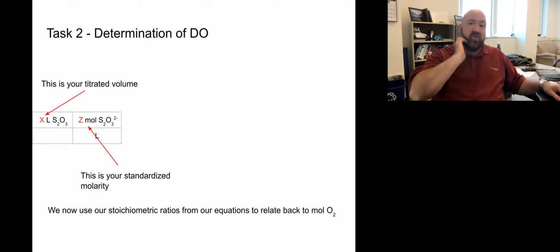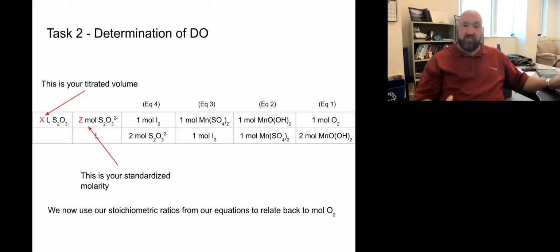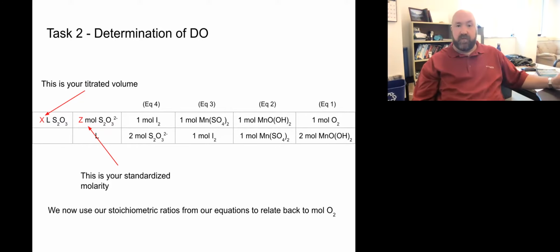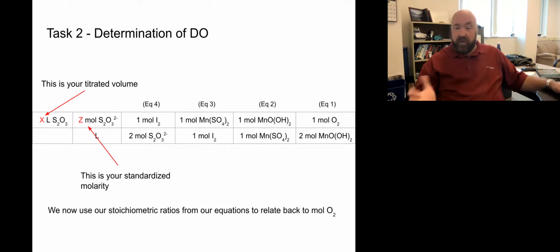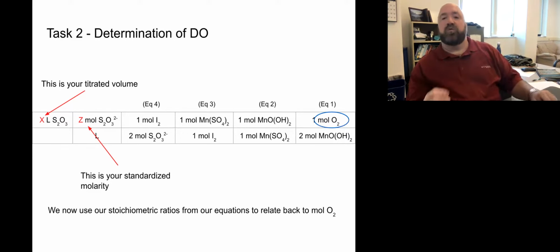We can then use all the stoichiometric ratios from the equations to relate that back to the moles of O2. These are just the straight up equations from your lab manual. Those of you in my section, we went through these as part of our pre-lab last week. Go back and look at your manual, look at these equations. But what this gets us to is our moles of O2.